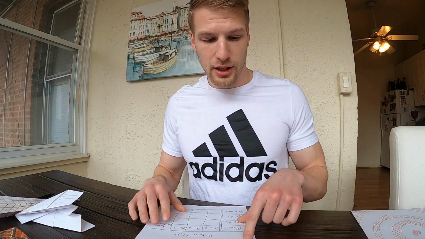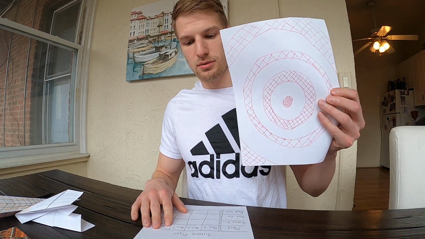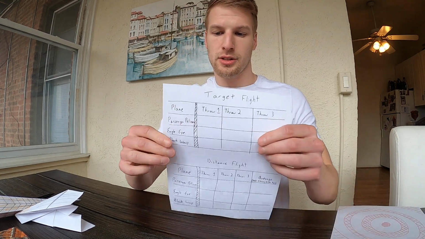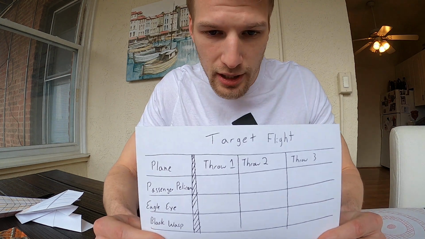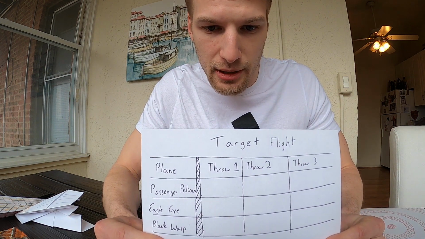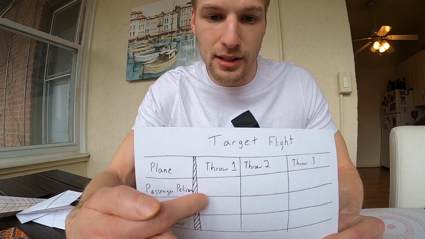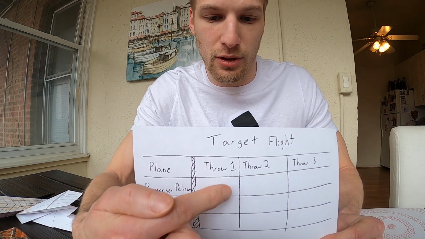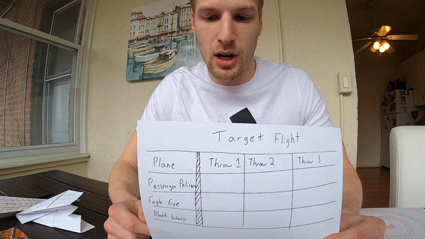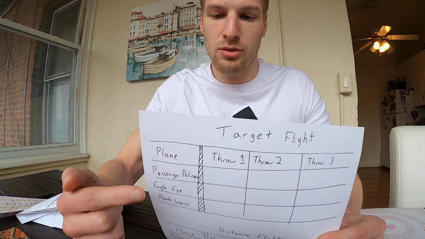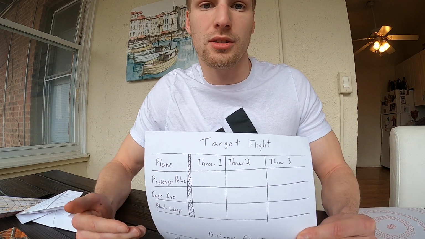So for the target, we have our target. What you would do is, for each plane, try to throw at the target 3 times. Every time your plane hits the target, you write an X for whichever throw you did, whichever plane it was. After 3 throws of each plane, you see which one is the most accurate.